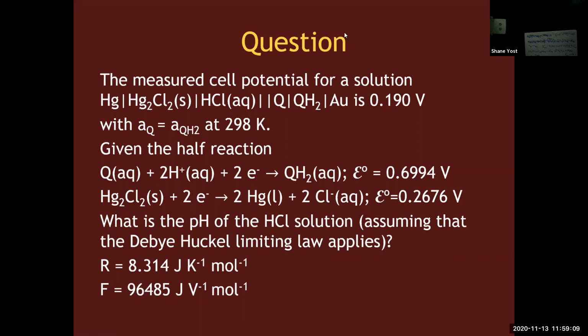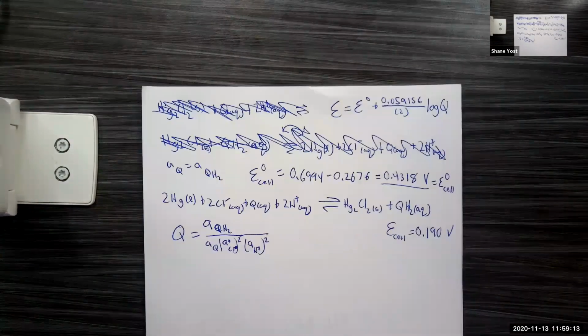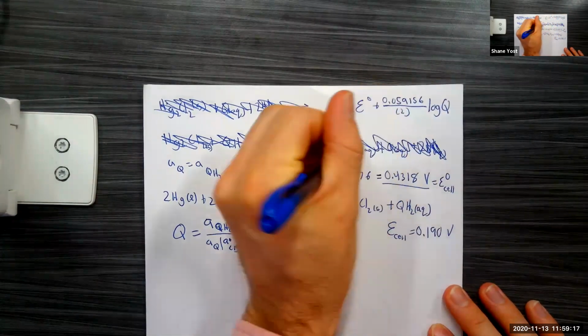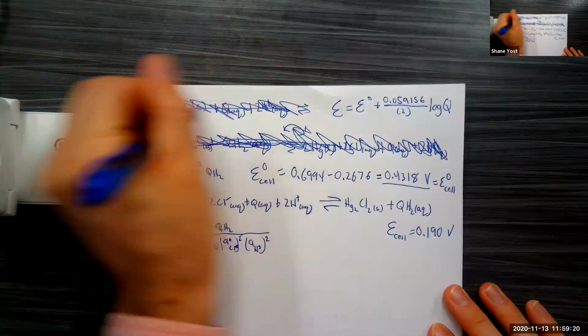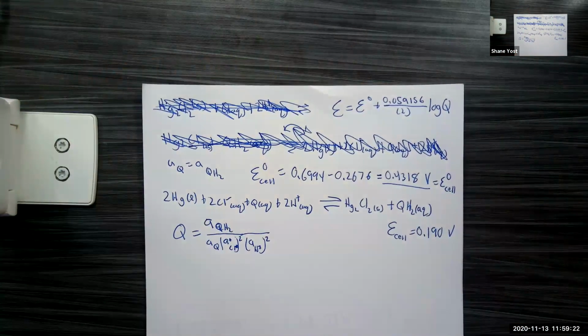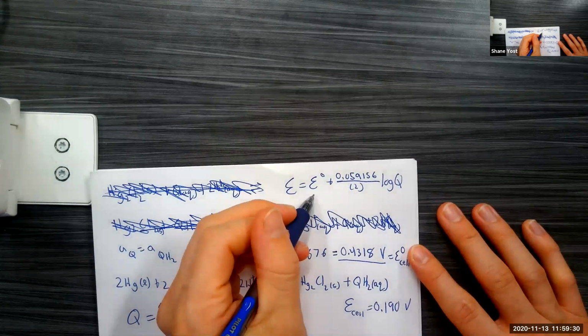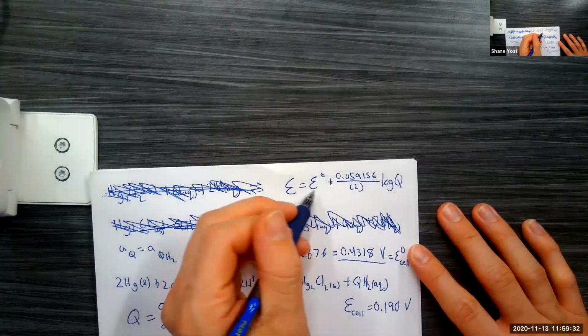All right. So let's talk about this problem. Apologize for all my lovely mistakes here. But the first thing that we want to try to do is write out the overall electrochemical reaction. Because we know in this problem what the standard cell potential is, or we can calculate it.